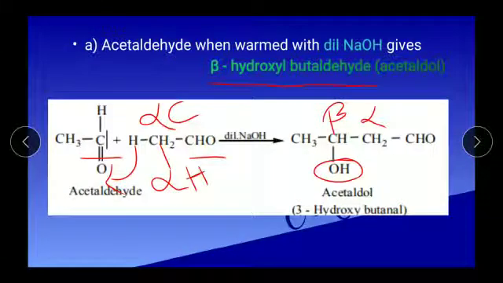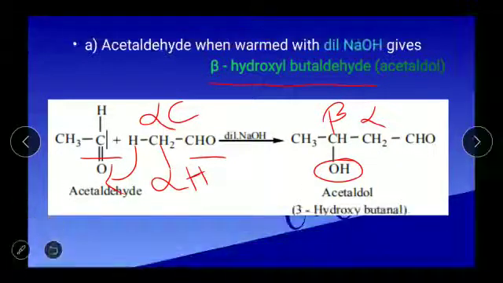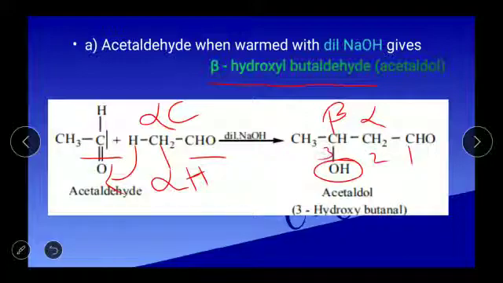How did we get 3-hydroxybutanal? Let us number 1, 2, 3, 4. How many carbons? We have 4 carbons. I hope you remember, give the numbering to the compound, starting with the functional group.